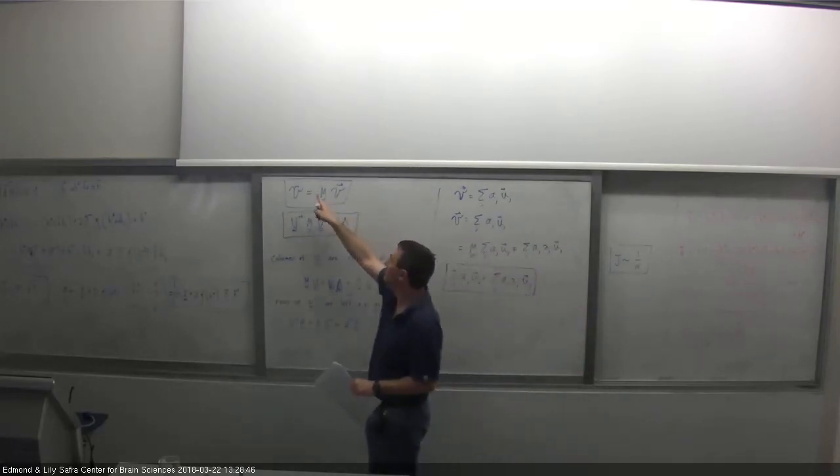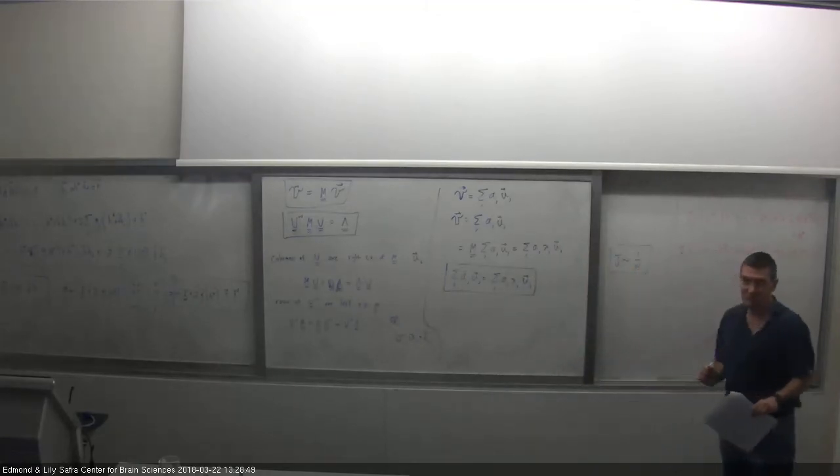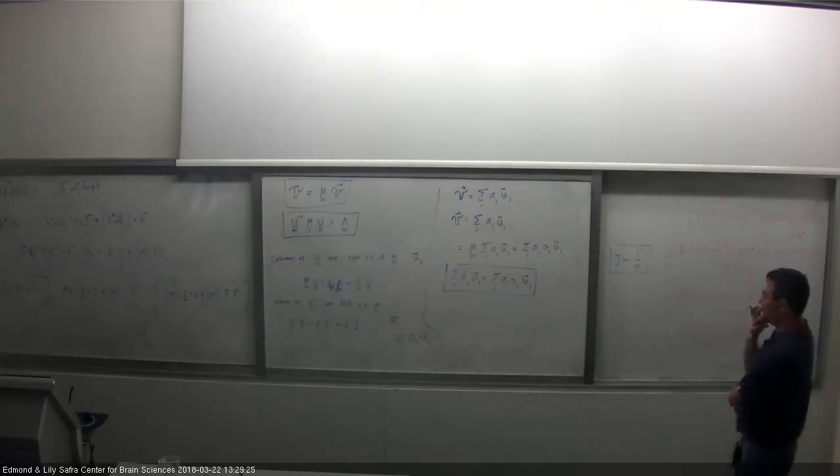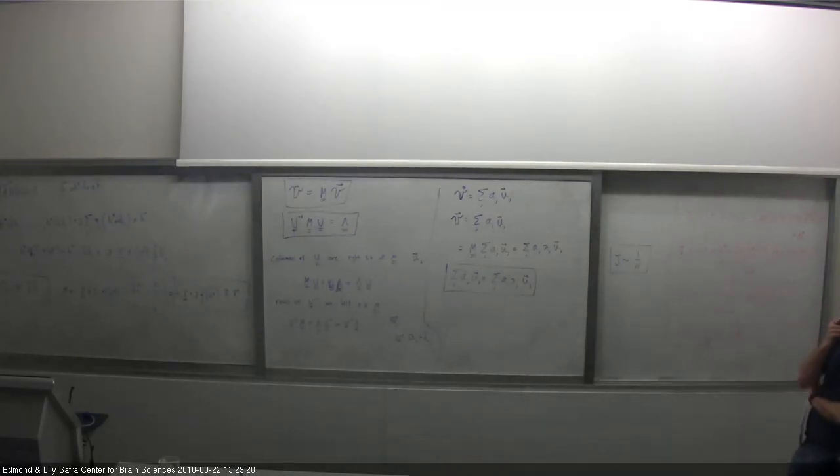So this is this equation where we decomposed V using the right eigenvectors of the matrix M. What would be the next step? What should be the next step?